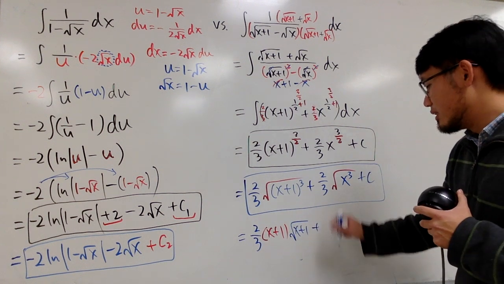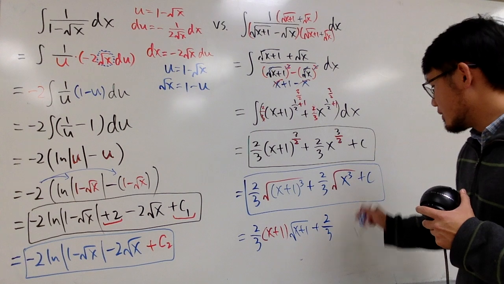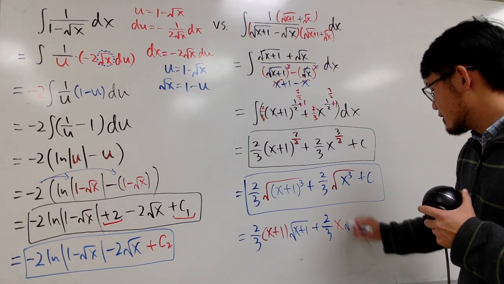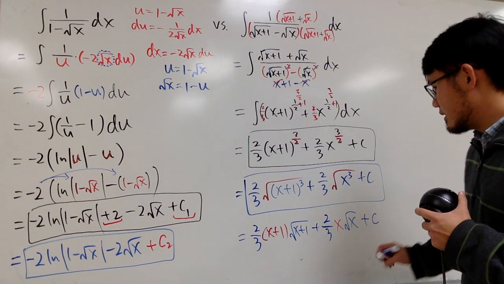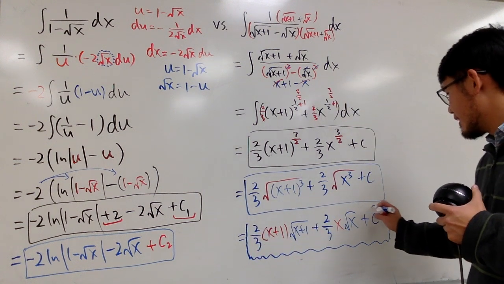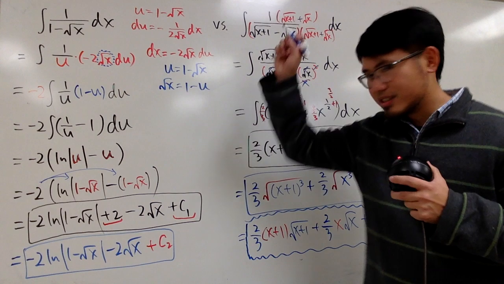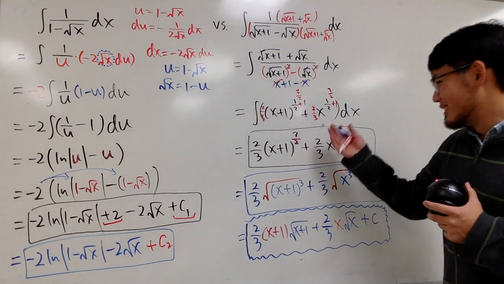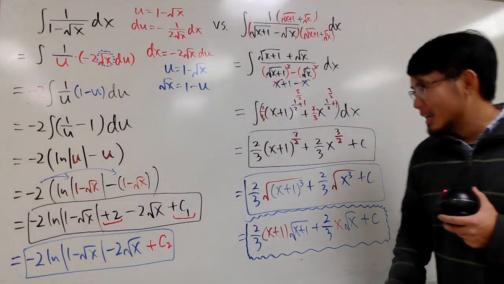Same business. And this right here is just algebra, so I'll leave that to you guys. x square root of x plus c. So I'll do this right here. Yes! Just like that. Let me know which one you guys prefer. Whew, that's it.